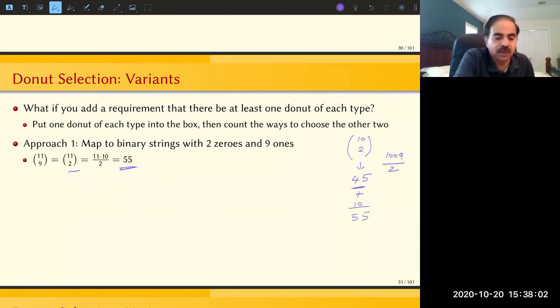So what this shows you is that there are multiple ways to count, right? And we want to find one of the simpler ways to count, but often it's not the only simple way. But obviously, if we are doing the problem right, then whichever way we count, we should end up with the same answer, right?